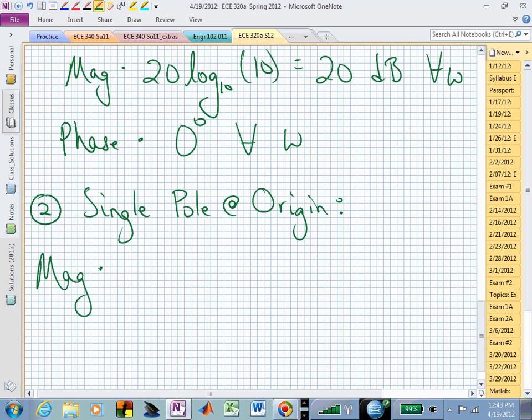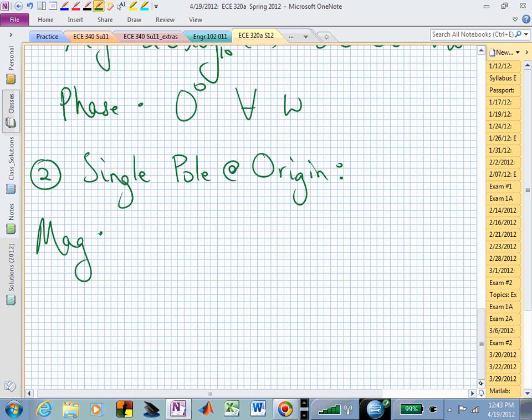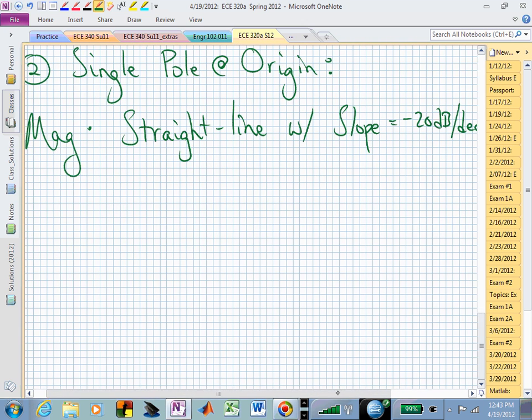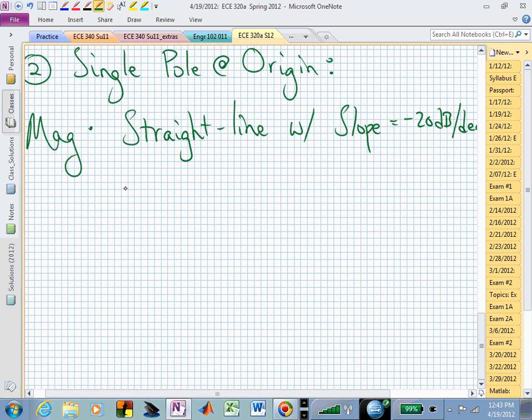But because we are only looking at this term in isolation, we can actually pin it down as far as where it's at. This is now a straight line with a slope equaling minus 20 dB per decade. And we need to basically say where that is or how we can find it on our graph.